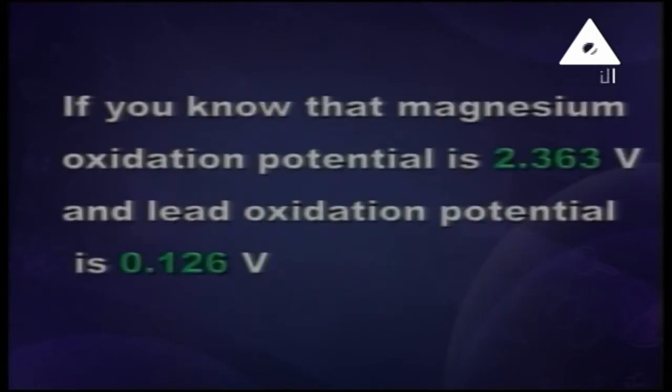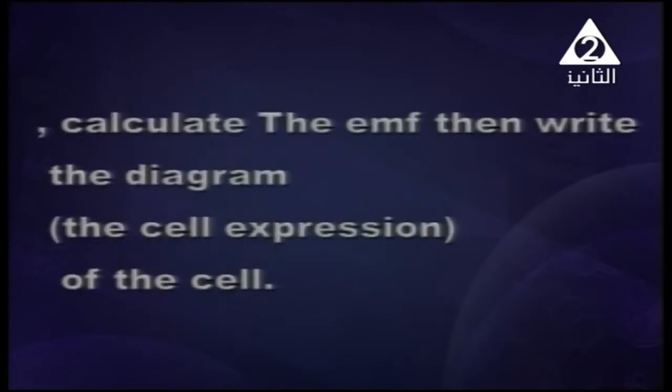If you know that magnesium oxidation potential is 2.363 volt and lead oxidation potential is 0.126 volt, calculate the EMF, then write the cell expression.